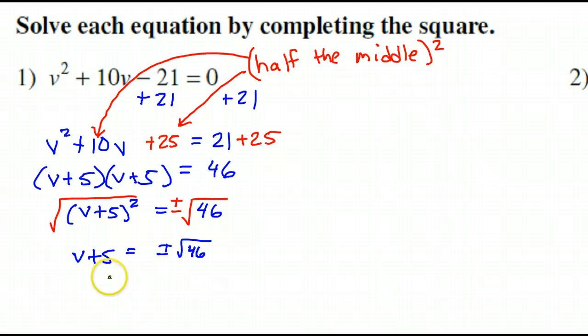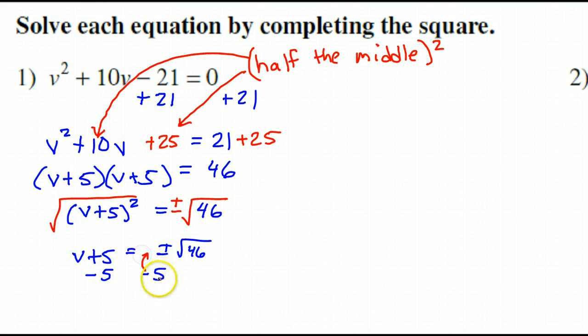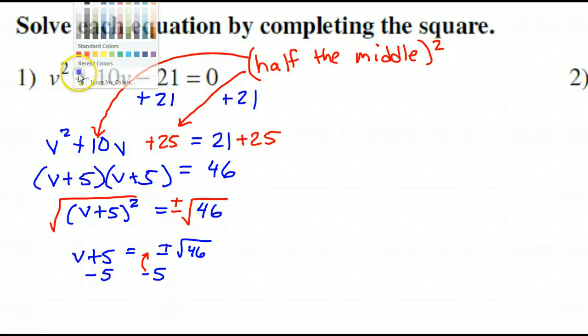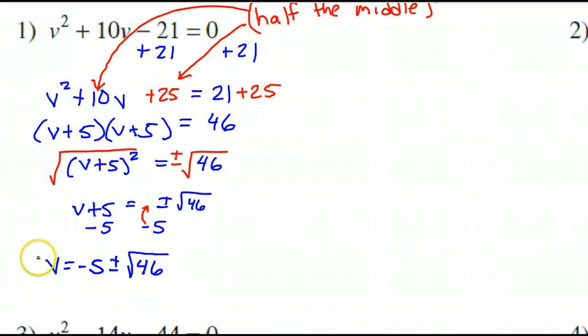Now we still have to get v by itself, so we will subtract 5 from both sides. Okay? When you subtract like this, or add, and you've got a radical, you're always going to put the number in front, before the plus or minus. Alright, so with that in mind, we're going to get v equals negative 5 plus or minus radical 46.